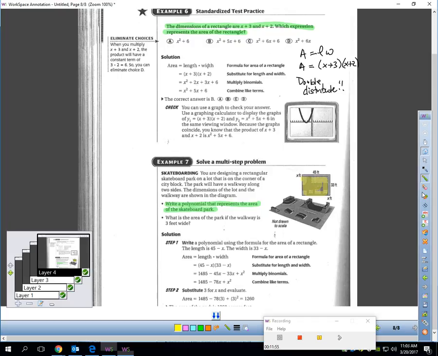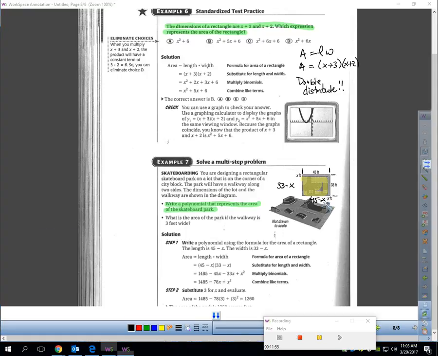Okay, so the skateboard park, if from here to here is 33 feet, the skateboard park must be 33 minus x feet wide. And as far as the length, if here to here is 45 feet, if I take away the width of the sidewalk, the length of this park would be 45 minus x.